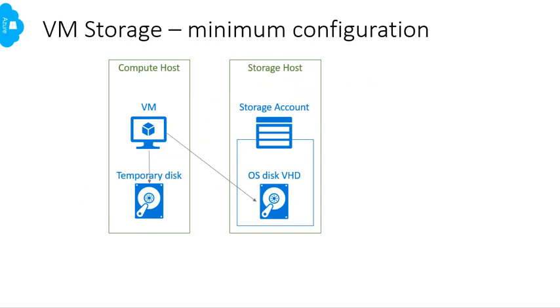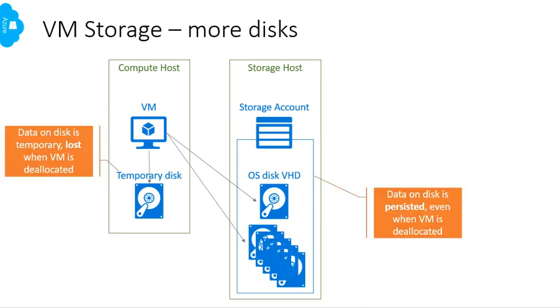VM storage minimum configuration: compute host and storage host. With compute, you always get a temporary disk, but the OS disk will be on the storage host. This is the minimum to protect against failure. Data on the temporary disk is lost when a VM is deallocated, whereas data on the OS disk persists even when the VM is deallocated.